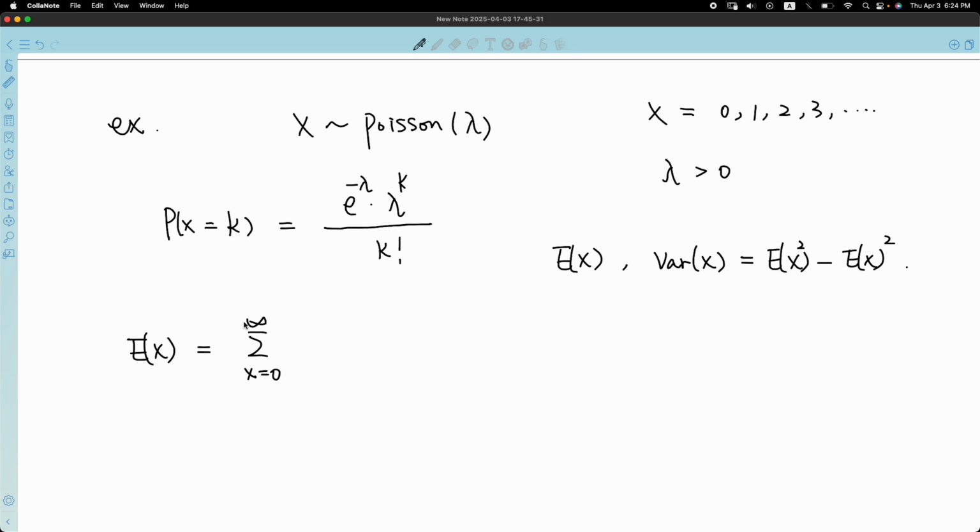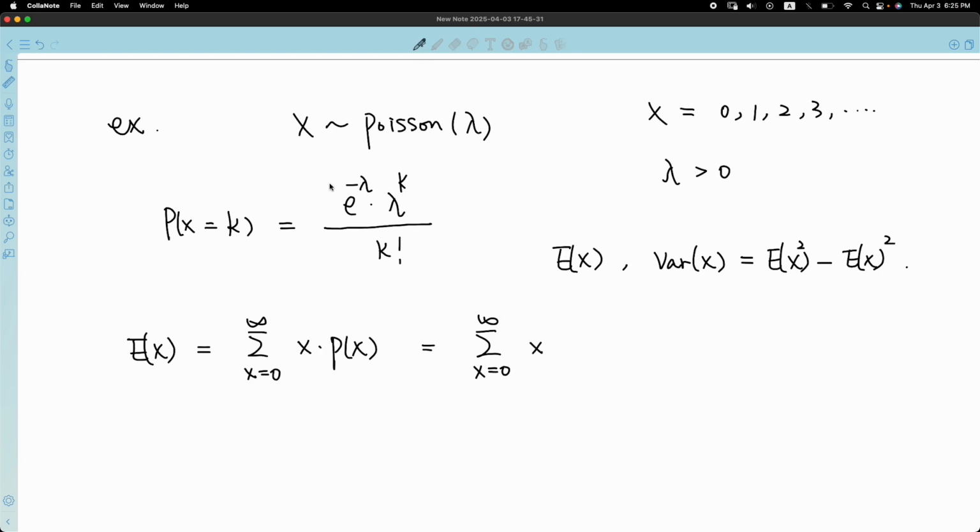Okay, and then applying the formula, the random variable x is multiplied by the probability mass function. That is the definition that we just talked about on the top. So now let's put down all the components in this formula. The sum of x from 0 to infinity, where x is just the random variable itself.